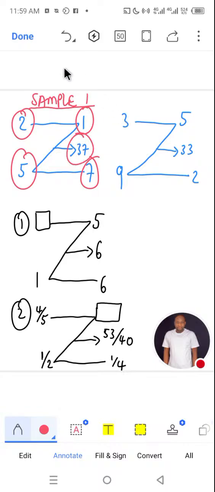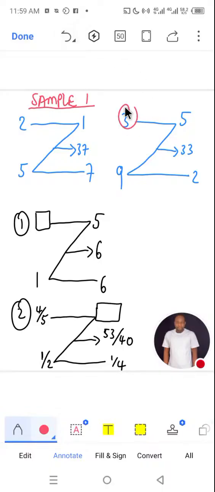And when you come to the second one, how are you going to use these numbers, 3, 9, 2, and 5, to get 33? If you're able to do that, then we can easily answer the other questions underneath. Drop your answer in the chat if you've gotten how it was gotten.